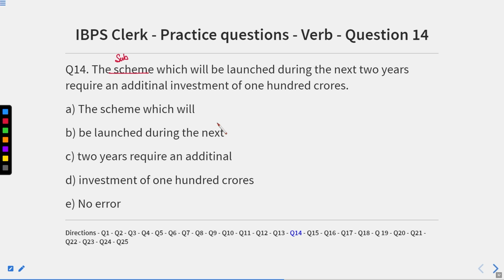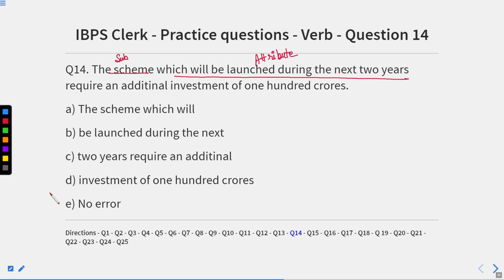What type of scheme? The one which will be launched during the next 2 years. This is actually the adjunct, or the attribute, giving us further information. An attribute is a statement that gives further information about the subject.